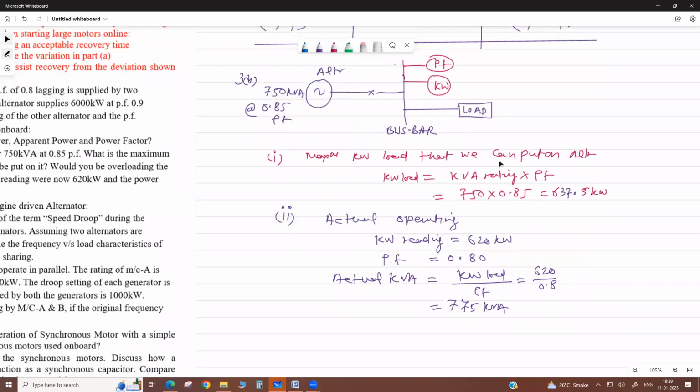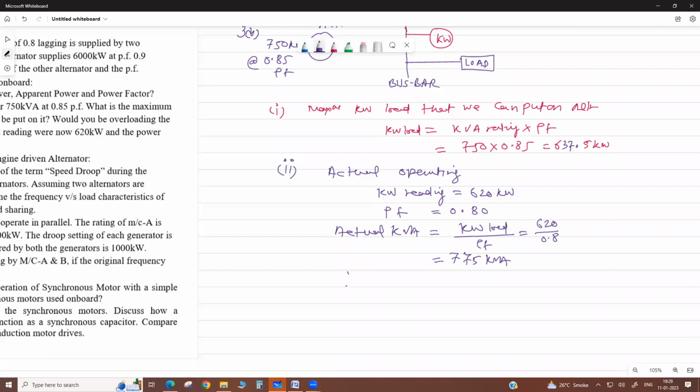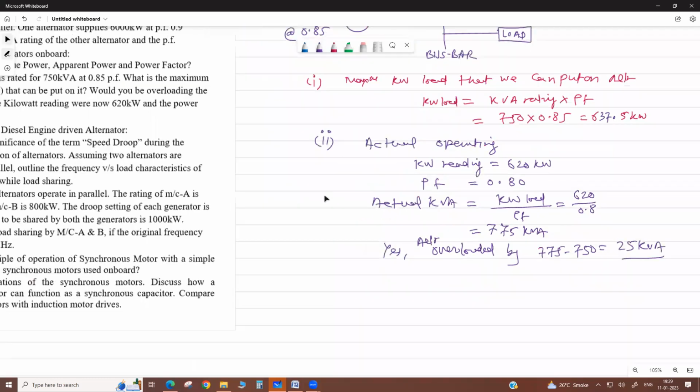Then your alternator is overloaded, by 775 minus the 750 rating, which is 25 kVA. So it supplies a higher kVA load. This is the disadvantage of low power factor.